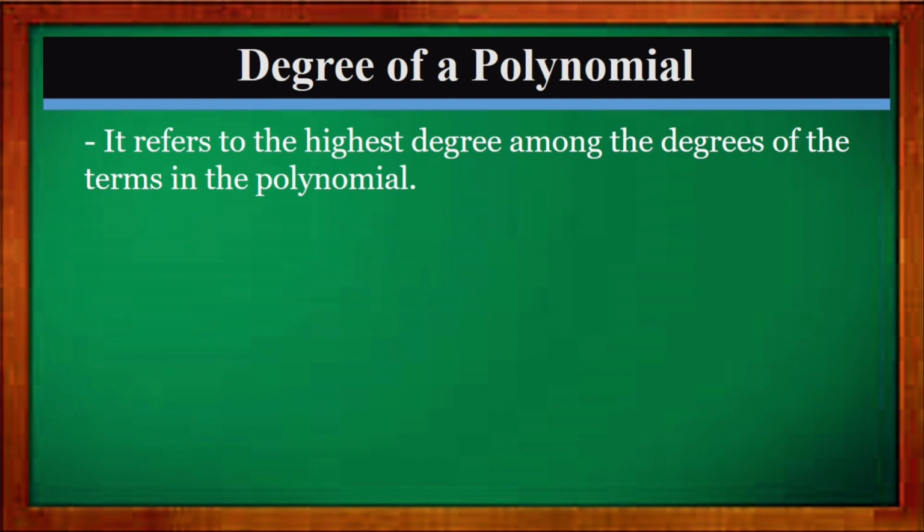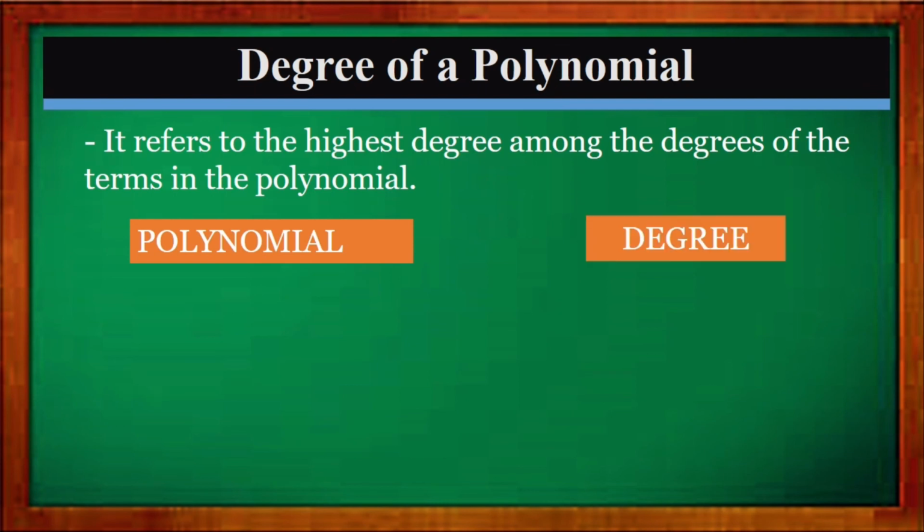So, ibig sabihin, kapag hinahanap natin yung degree of a polynomial, ang kailangan lang daw natin hanapin is yung pinakamataas na exponent among sa mga exponent na involved dun sa ating polynomial. So, I have here some examples of polynomial. And what we are going to do after we enumerate each polynomial is to find its degree.